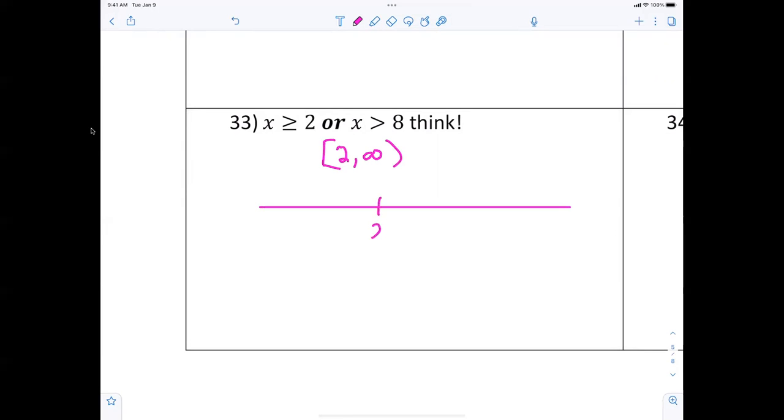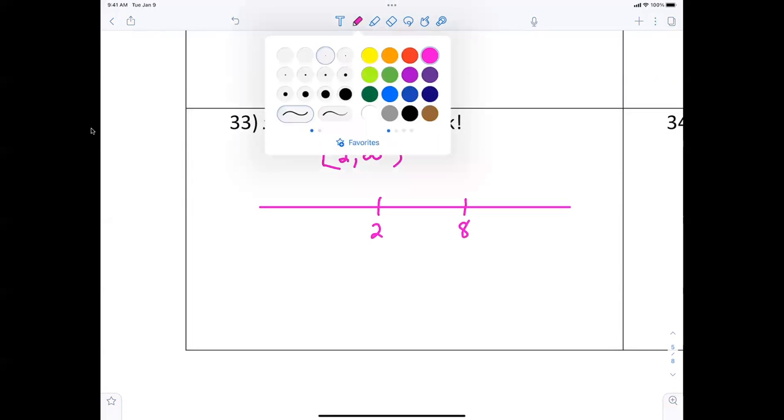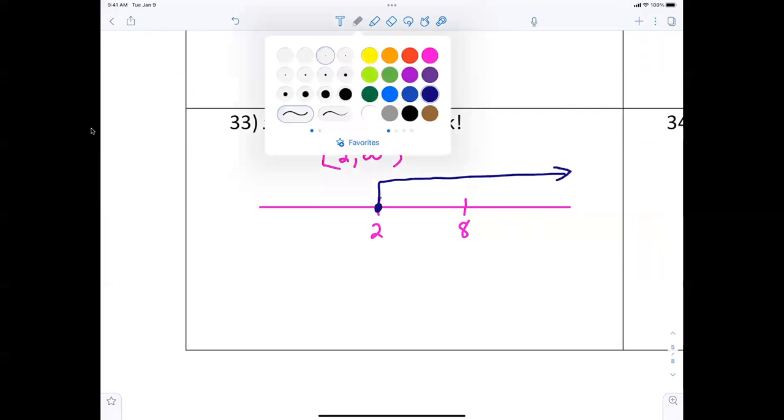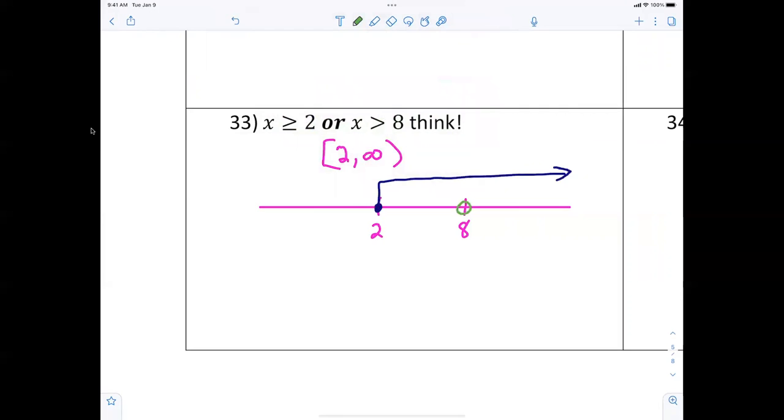All right, now please look at this, just to be sure. I have 2 and I have 8. The first thing we're doing is we're going to look at greater than or equal to 2, going in this direction. And then I have greater than 8 going in this direction. Are there any numbers in the yellow that satisfy those conditions?